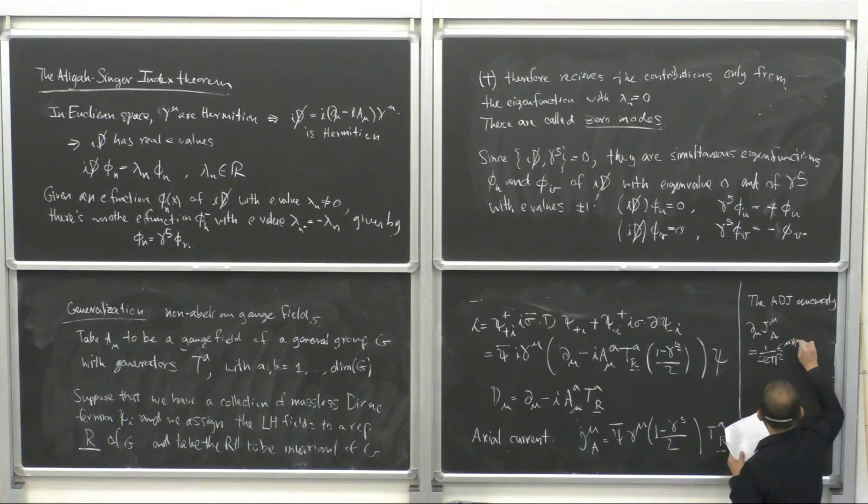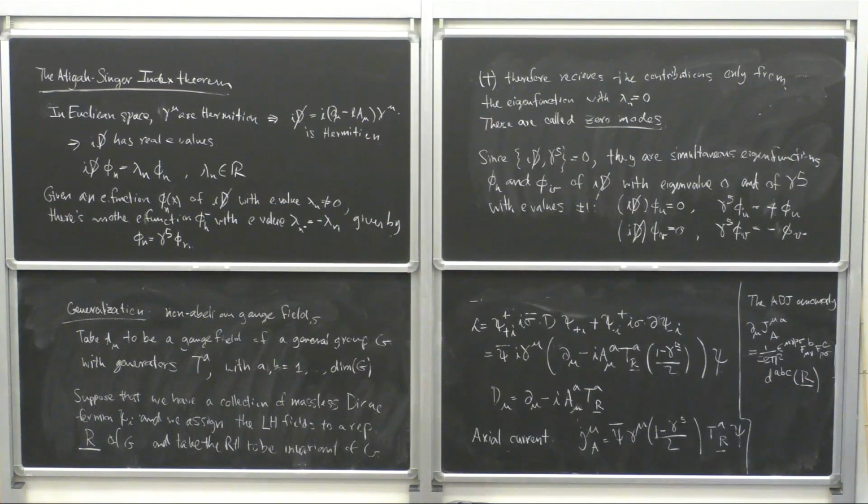Epsilon^{mu nu rho sigma} F^B_{mu nu} F^C_{rho sigma}, then it contains, okay, this has to have indices A, B, C, and it has an extra contraction d^{ABC}(R), okay? This d has a name. It's a group theory thing. It's called the anomaly coefficient.